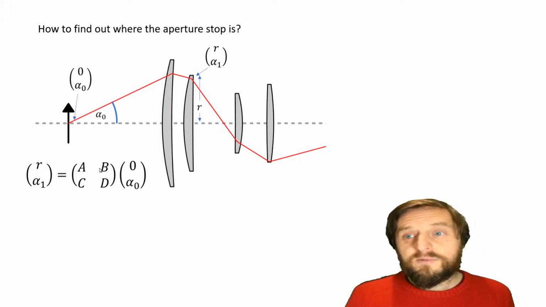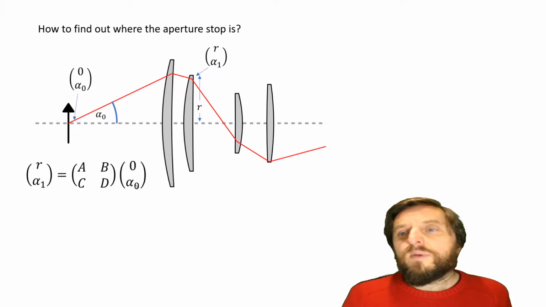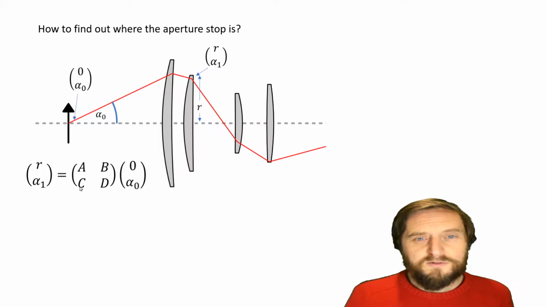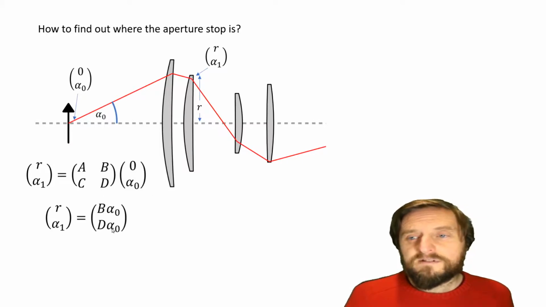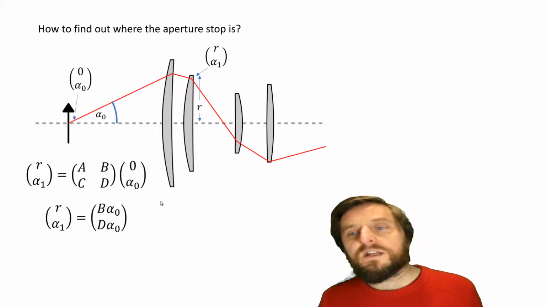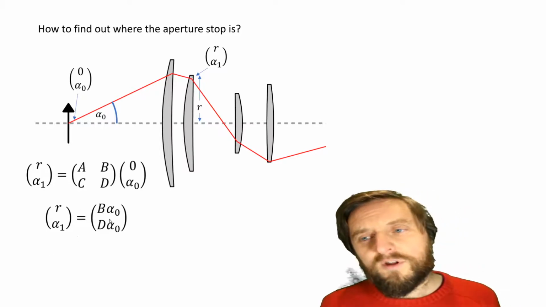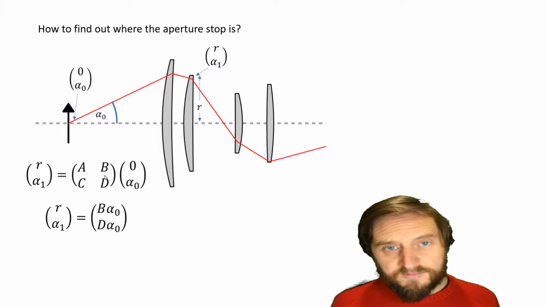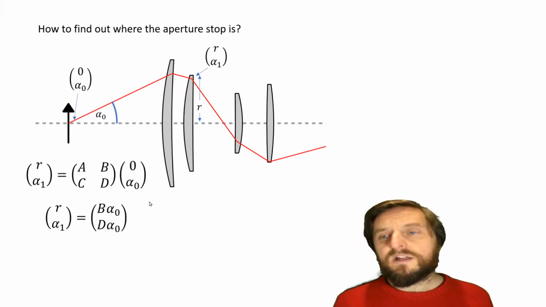So if I do that multiplication, this ABCD I can calculate from my distances and focal lengths. My alpha 0 I don't know, my R I do know, but let's do this multiplication anyway. I'm going to multiply A by 0, B by alpha 0, and then C by 0 and D by alpha 0. I'm going to get this: R, alpha 1 equals B alpha 0, D alpha 0, where B and D are the elements of that matrix that I can calculate.